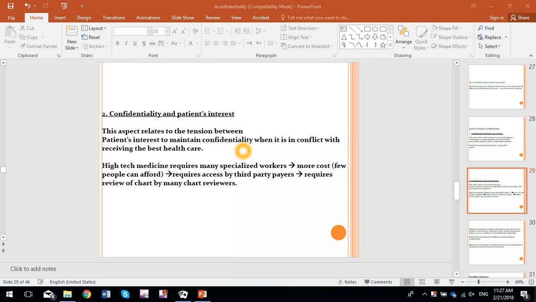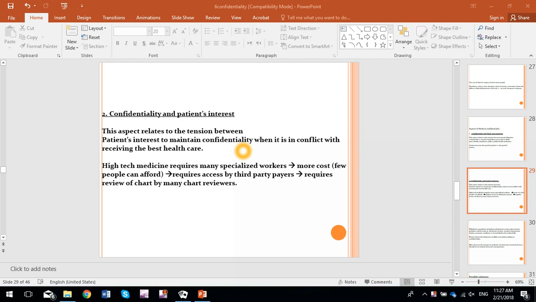Now, if the patient wants to keep all the information confidential, then the best way is not to investigate that case: not to send him for MRI, not to send him for the lab, not to send him for the X-ray.